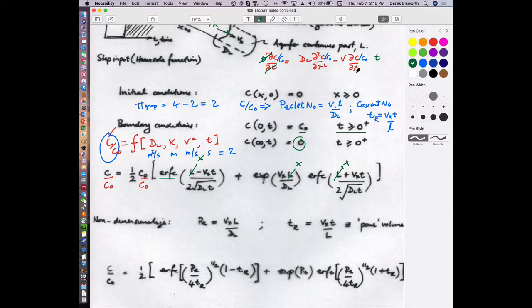We have this term here, which would become what? Concentration over concentration, we don't care, so we have velocity times time over x, which is length, which is equal to what we've just called T sub r. And this term, we have diffusion.